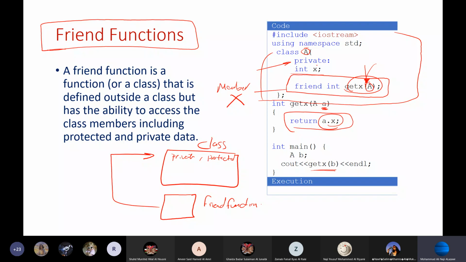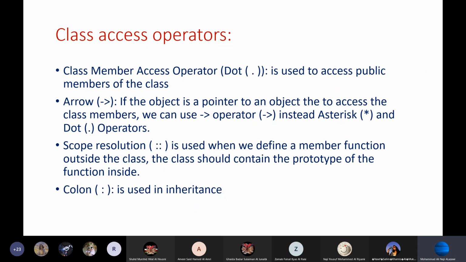If it is not a friend, then outside you have to use this notation, a double colons getX. All right. This is the difference. Here I defined it as a friend. That means since it's a friend, it has the access to the private. All right. So this is just to summarize the access operator.